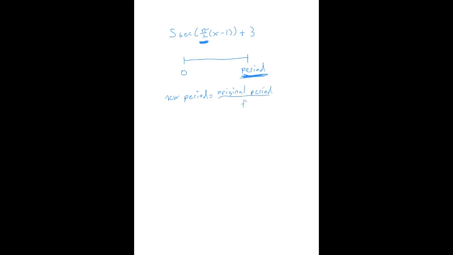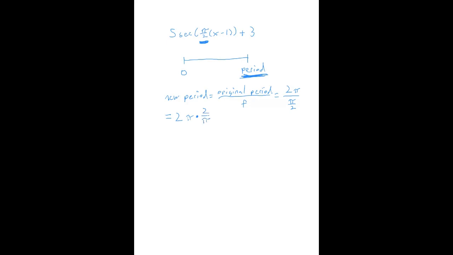Well, in this case, secant's normal period is 2 pi, and the frequency is pi over 2. So my new period is equal to 2 pi divided by pi over 2. Well, dividing by a fraction is multiplying by the reciprocal. So I'll change to multiply and flip that fraction.